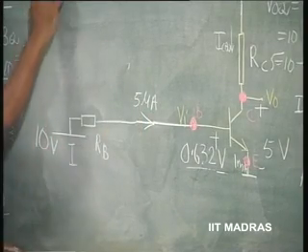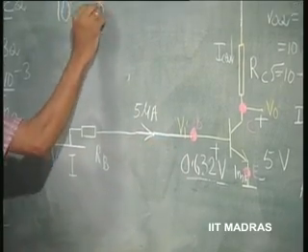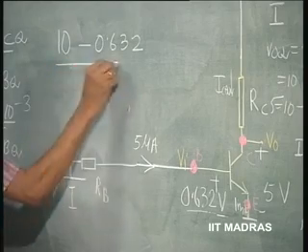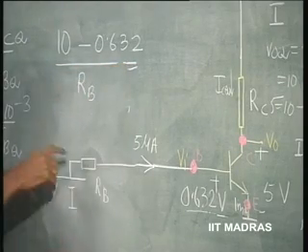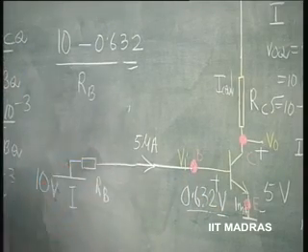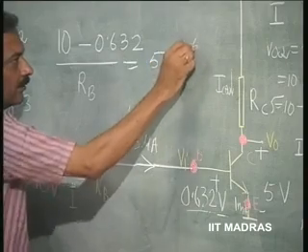That is very simple. So, this is 10 volts minus 0.632, that is the drop across RB, that divided by RB should be equal to 5 microamperes.